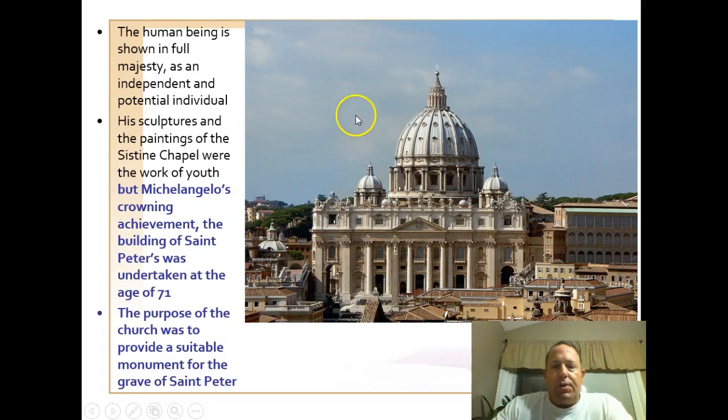He was also commissioned to create a dome over the top of St. Peter's Basilica. This is the church. That was something that he did late in his life. And this was much larger than the one by Brunelleschi in Florence.